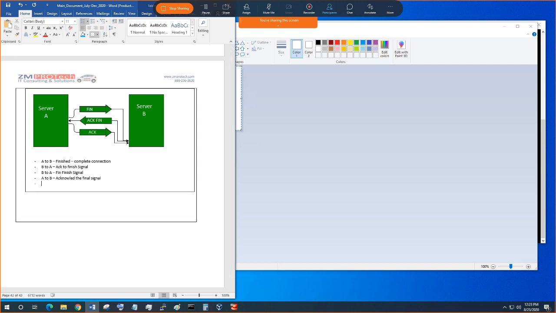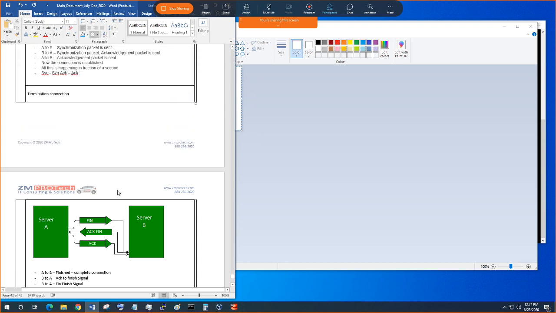The final word is you type FIN, ACK, FIN, ACK. So it says finish signal, then finish acknowledgement, and finish ACK. Okay, this is how it works.